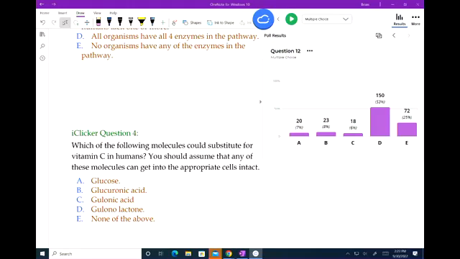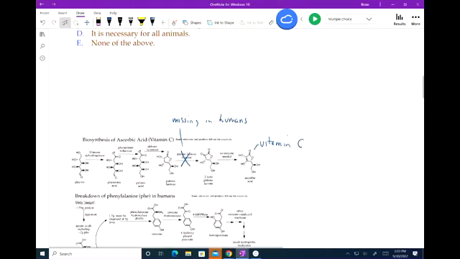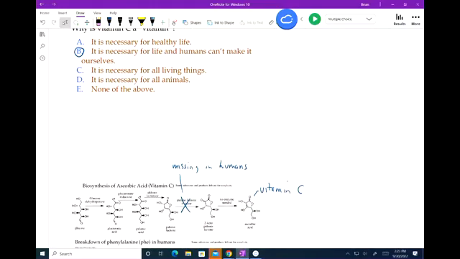All right, so people say gulonolactone should work. So let's take a look and think about that one. So remember the goal. We got to get to ascorbic acid, vitamin C. If I took a gulonolactone pill and I don't have that enzyme, what's going to happen to that gulonolactone?